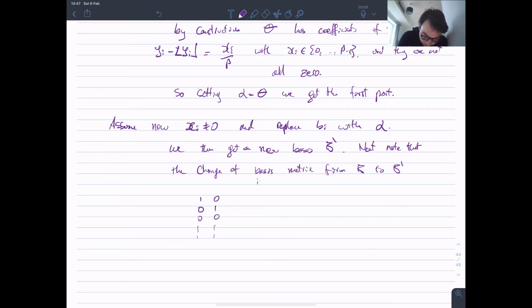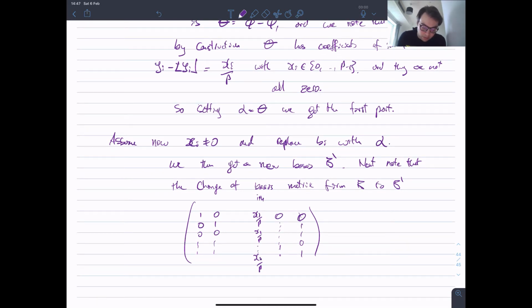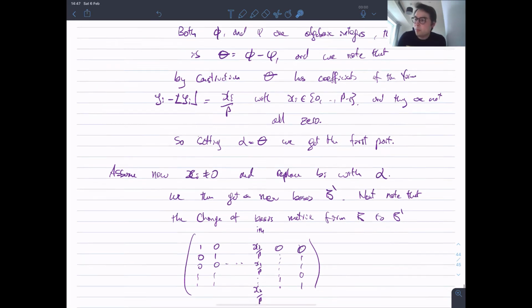In the ith column, you get x1 over p, x2 over p, xn over p, and then you get more zeros, and at the end you get 1. So if you write your new basis in terms of the old one, you'll see that all of the columns are the same, apart from the ith one where all of these coefficients, these xi's over p, show up.